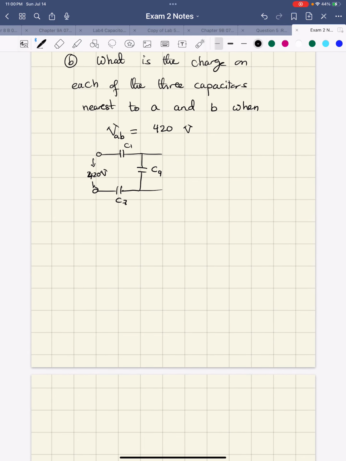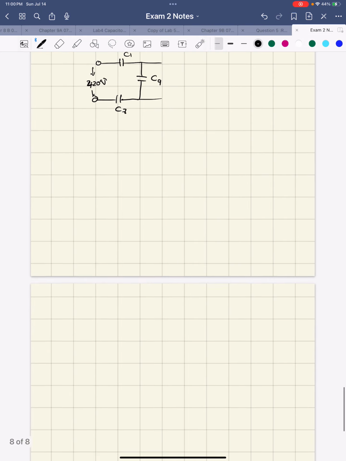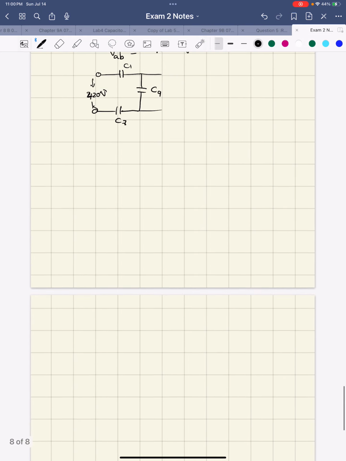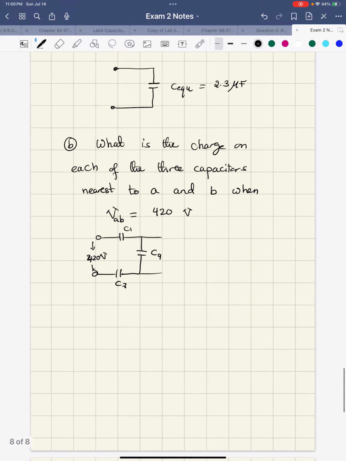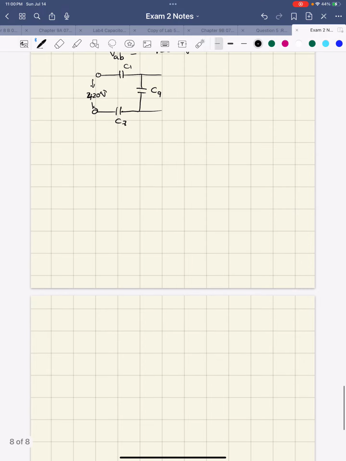In the solution manual, they told you that because 3 of them are equal, then we know that the voltage is going to divide equally. But what if they are not equal? All right, now from this one, the equivalent for the total circuit, and this one is 420.